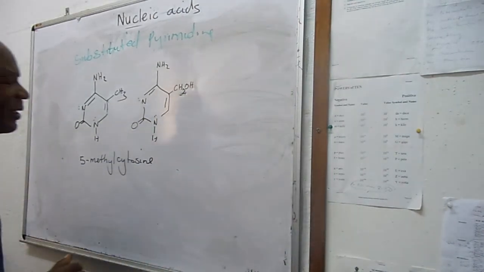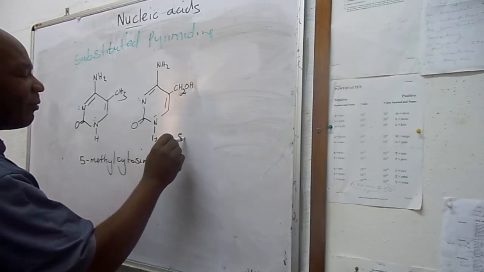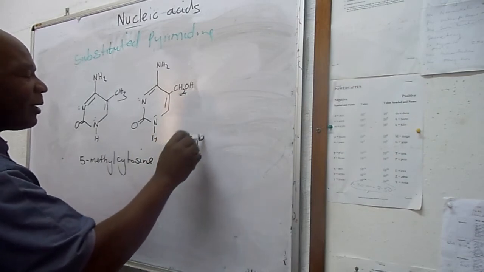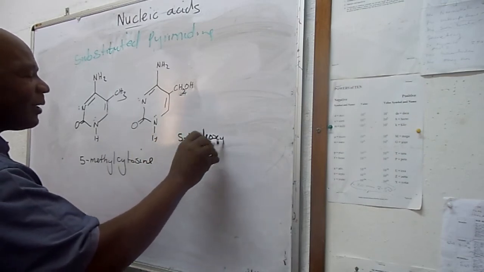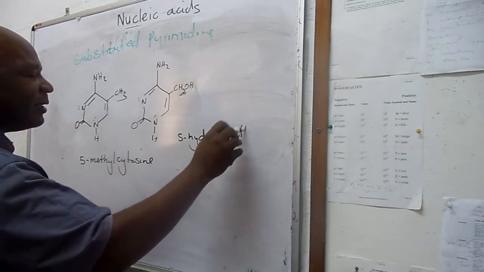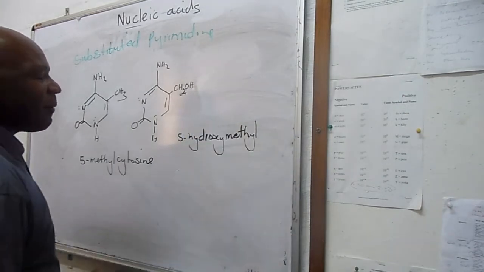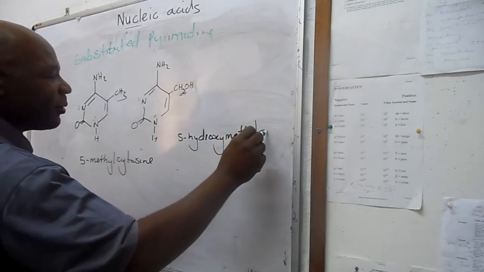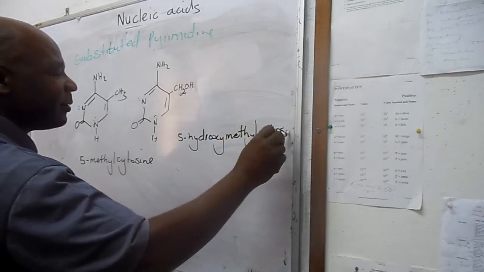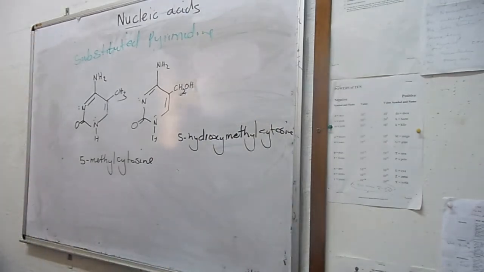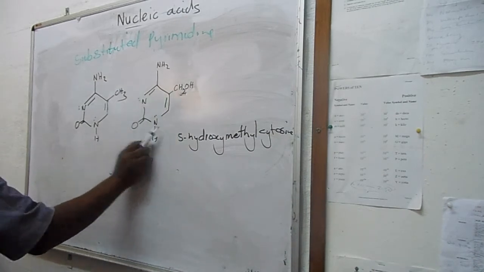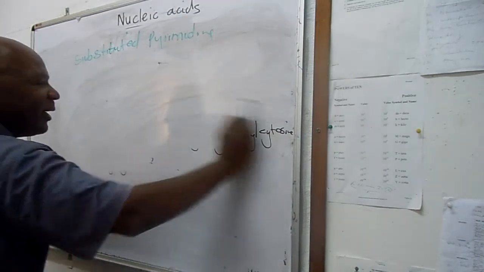So we would say that at position number 5, we have hydroxymethylated methyl cytosine. This is another minor pyrimidine. Okay, enough about pyrimidines, major and minor.